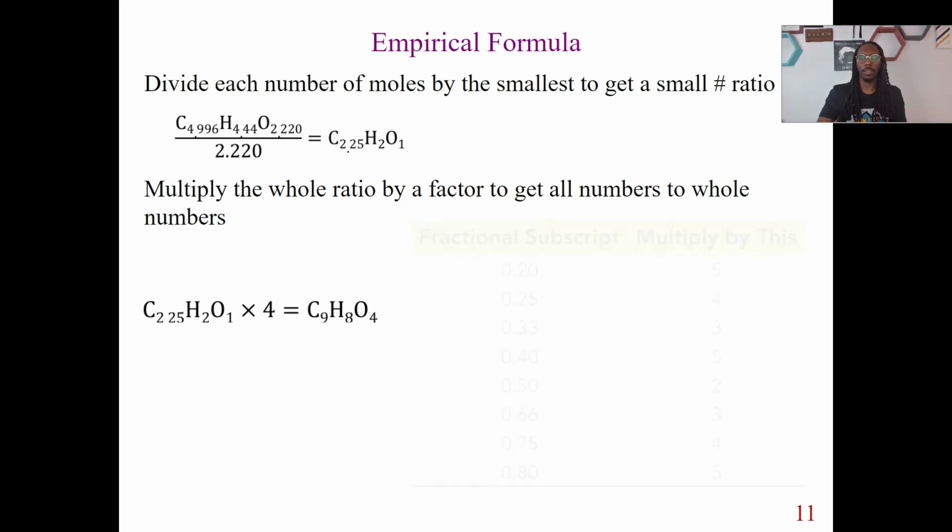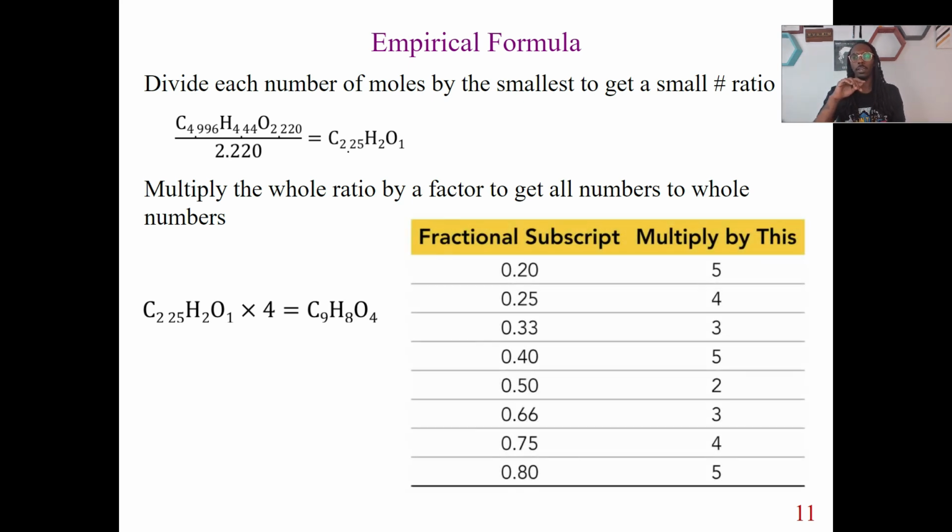And then here's just a little quick thing. You could take a screenshot or a picture of this. Basically, if you're not good at figuring out that 25% means you need to multiply by 4, you can use this right here. This is showing that if you got any type of decimal for your subscript, you have to multiply by the numbers over here.